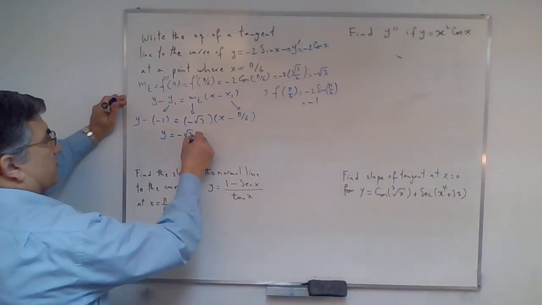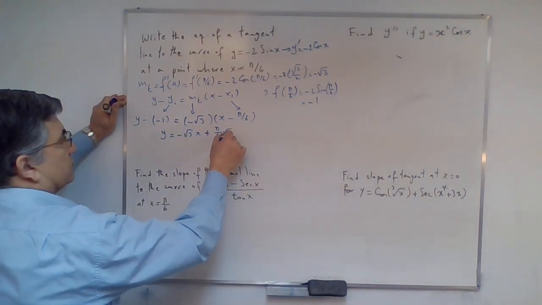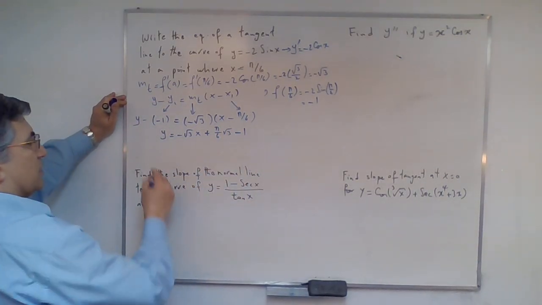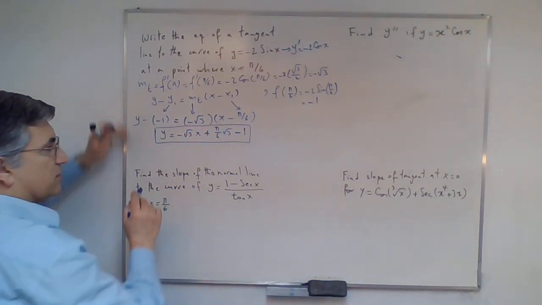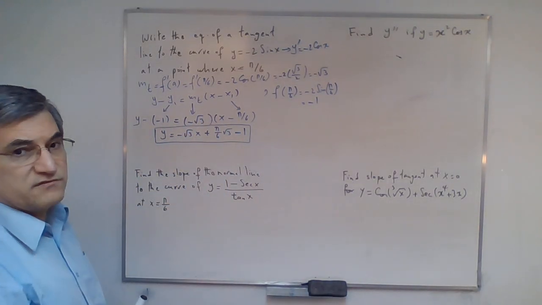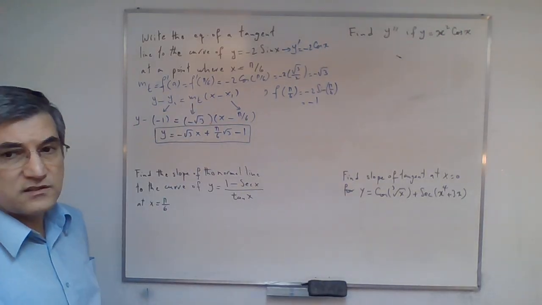So -√3x plus pi over 6 times √3. And this positive 1 moves to the other side, -1. So this is the equation of the tangent line we were looking for. Tangent line to the curve y equals -2 sine x at a point where x is pi over 6.